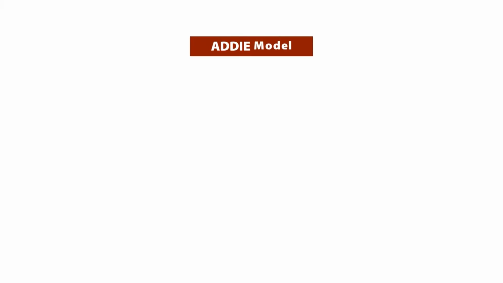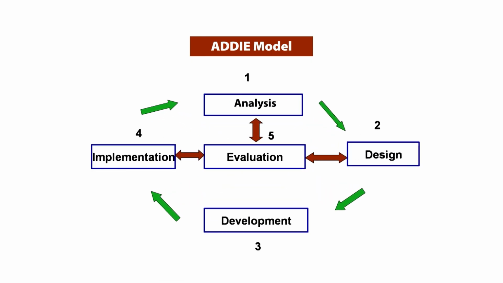The first is the ADDIE model, which has 5 stages. What are the 5 stages? Analysis. Second is design, third is develop, fourth implementation, and the last is the evaluation. This you will be learning more in the next 5 to 10 minutes in detail.